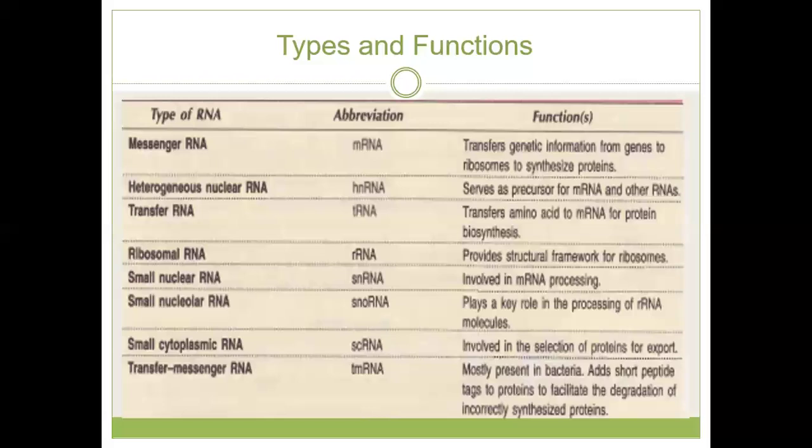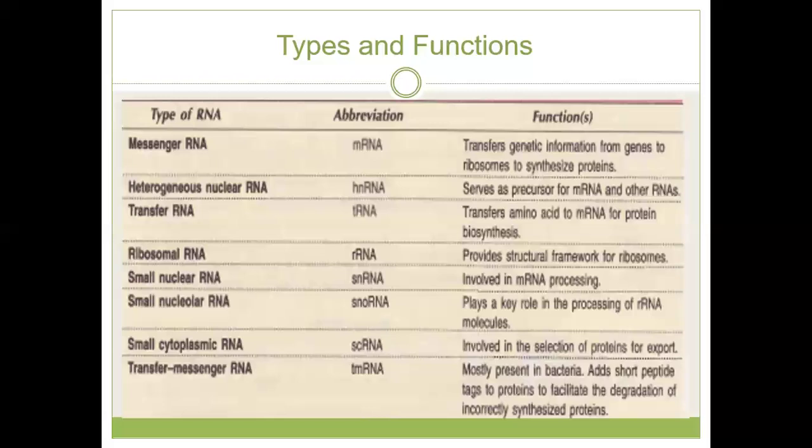So we said we have several types of RNA, but the most common ones are the three types of RNA. Number one, we said we have the messenger RNA. Remember, we said the genetic material DNA contains genetic information.